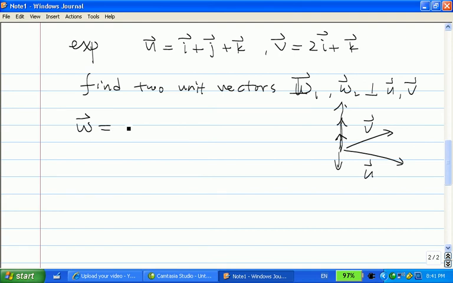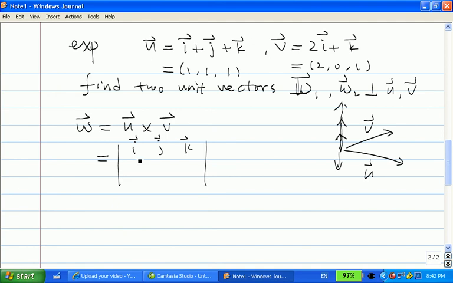So W should be U cross V. If you write this as a triple, U is 1, 1, 1, and V is 2, 0, 1. So you have I, J, and K, and 1, 1, 1, and 2, 0, 1.